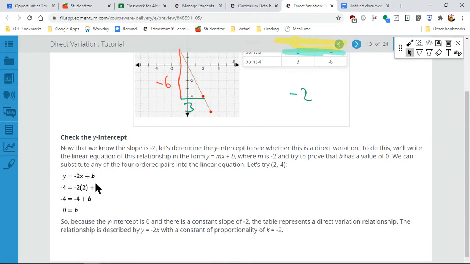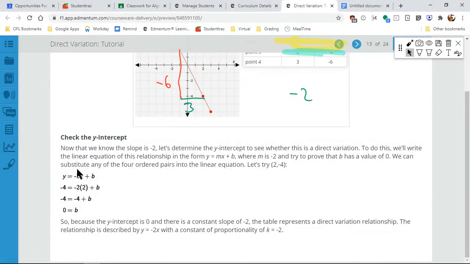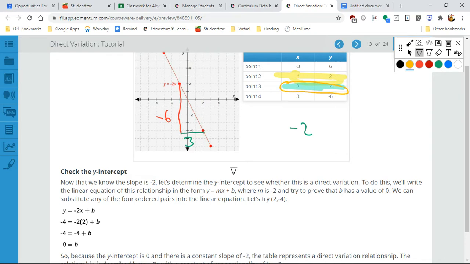What they're doing here to see if it is a direct variation, they're trying to make sure that this b equals 0. So they're taking our slope that we got and they're plugging in one of these points. They decided to plug in this point. So for the y, they plugged in this.